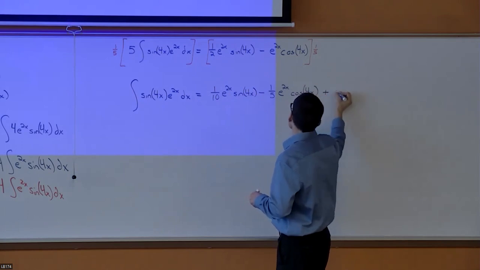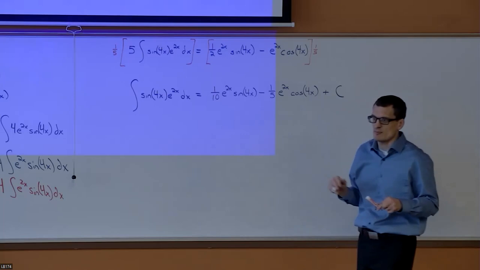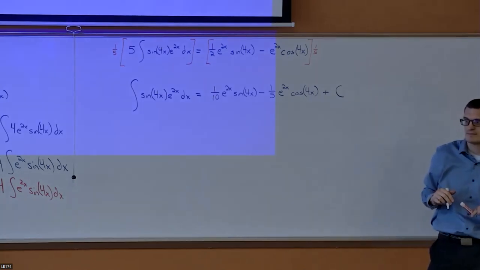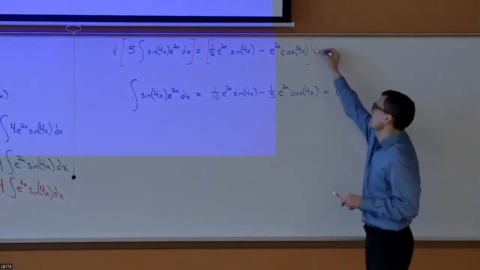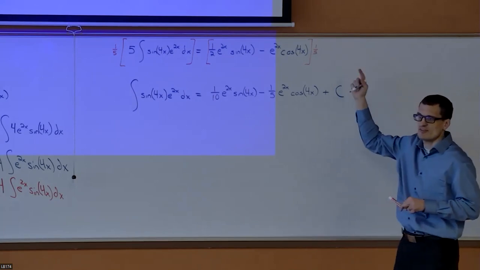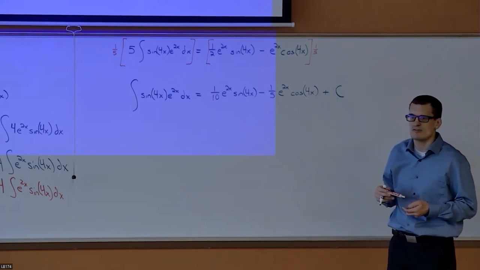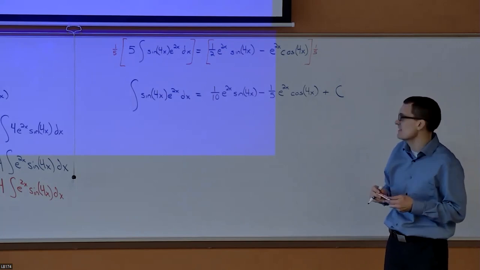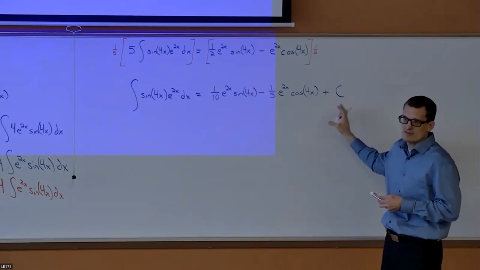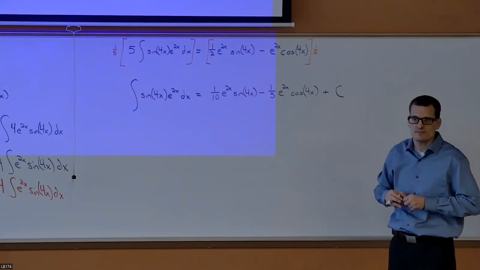And then again, I have to tack on that plus c. You could tack it on at that stage, but 1/5 times constant is still a constant. So we just leave it. I tend to leave it till the very end, to tack it on at the very end.